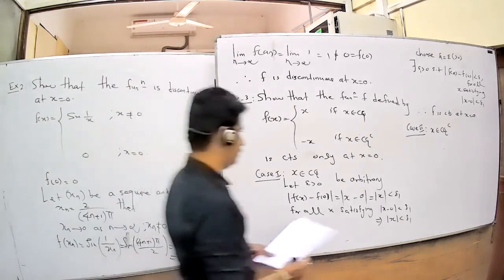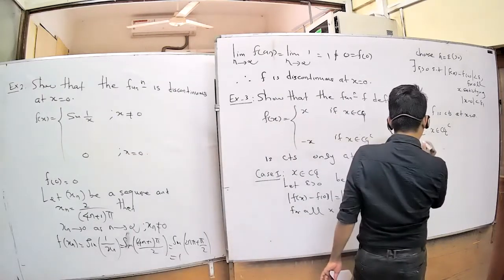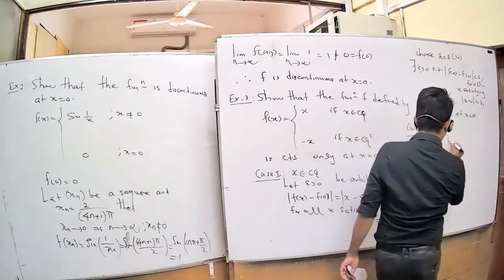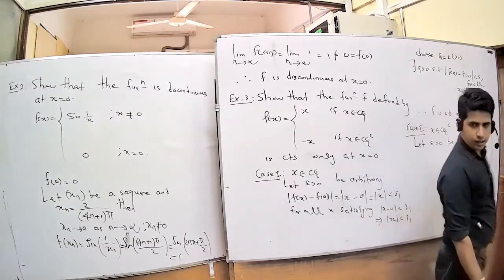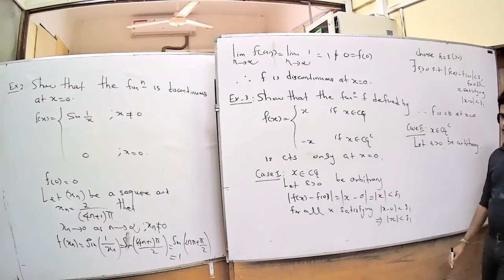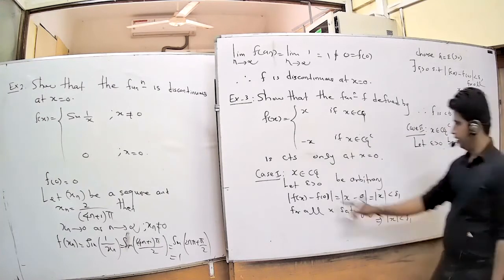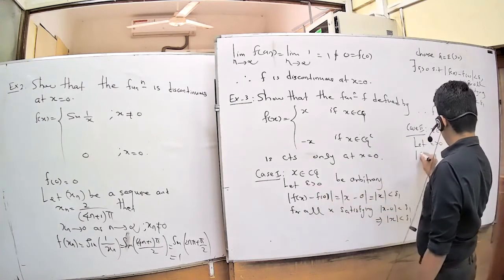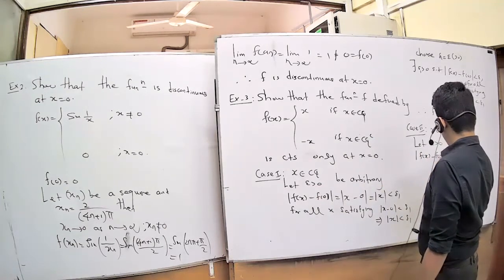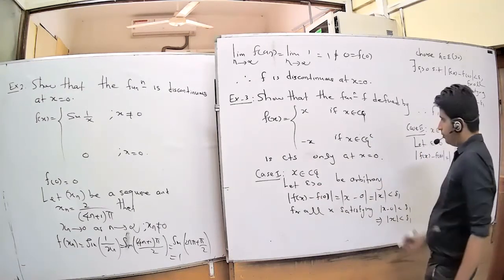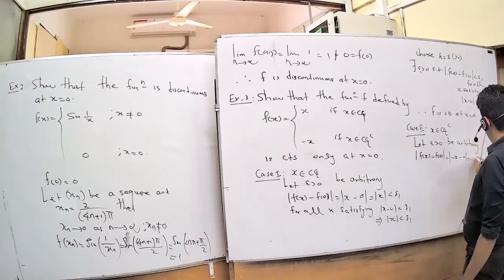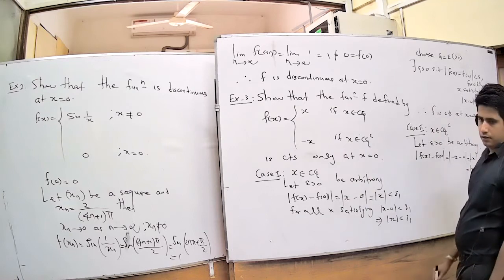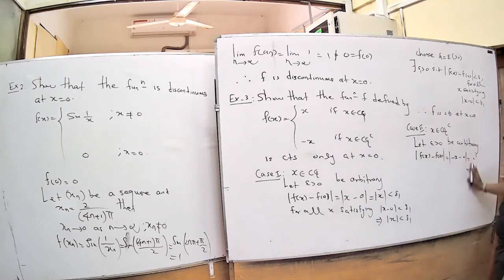For this case, again, let epsilon greater than 0 be arbitrary. Now same idea. You take again f of x minus f of 0. F of x means minus x, minus 0. Modulus of minus x is obviously modulus of x.